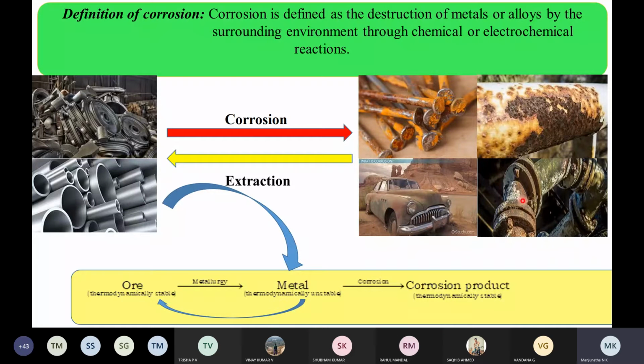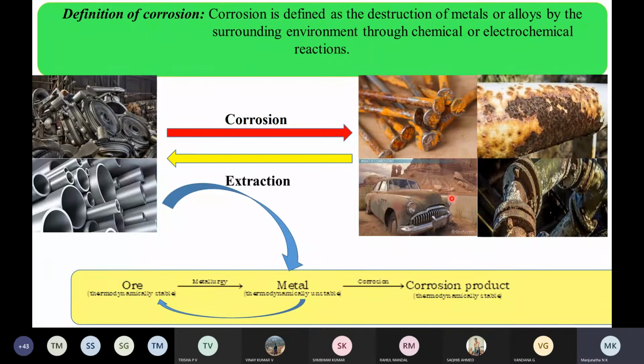The green precipitate on the surface of copper metal, the yellow precipitate on the surface of iron metal, or the white precipitate on the surface of silver metal indicates the loss of metal. This process is called corrosion.